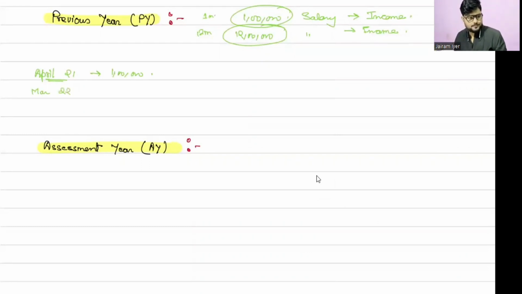Correct or not? So can Sanjana, in the month of April, predict what total income she is going to earn by March 22? What do you think? Express your opinion. Is it possible or not? If yes, then why? If no, I can understand. Can she predict how much income she is going to earn in this 1 year?